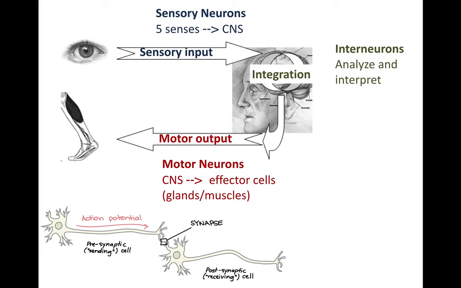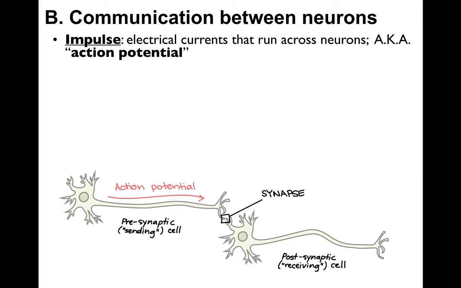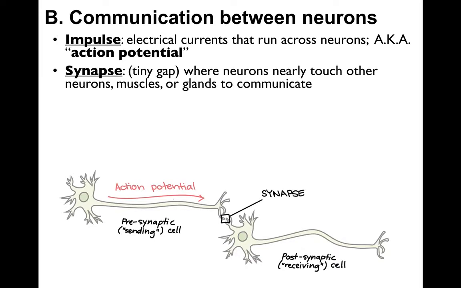Now, that means that we're traveling through multiple neurons, which means we need to know how a signal gets moved across two neurons, and that's at the synapse. Just a reminder, as you've gotten in the previous lesson, an impulse is the electrical current that's traveling along a neuron, and a synapse is the gap between two neurons, or maybe even a neuron and its effector organ or muscle.